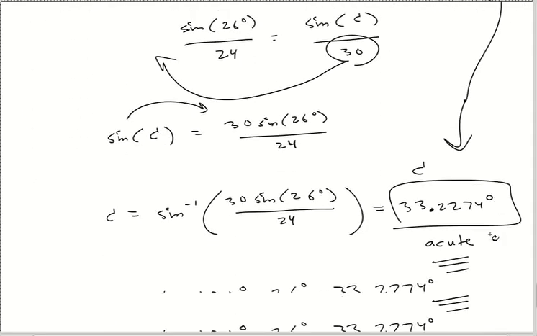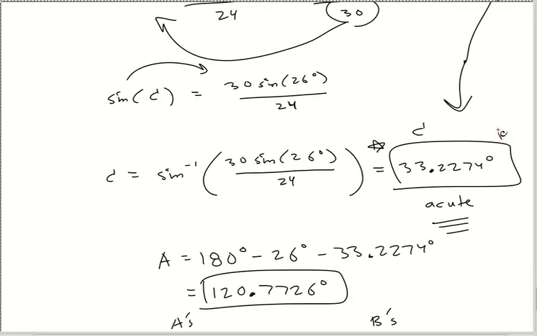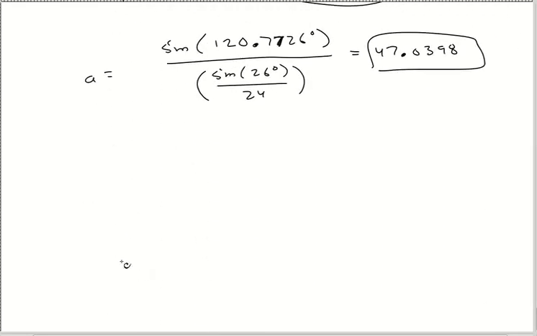If you remember your answer for C, this is going to be a pretty important number here. Let's go back and understand this. The difference between my C's is that this little guy here is my original C at 33.2274, right? And these are isosceles.